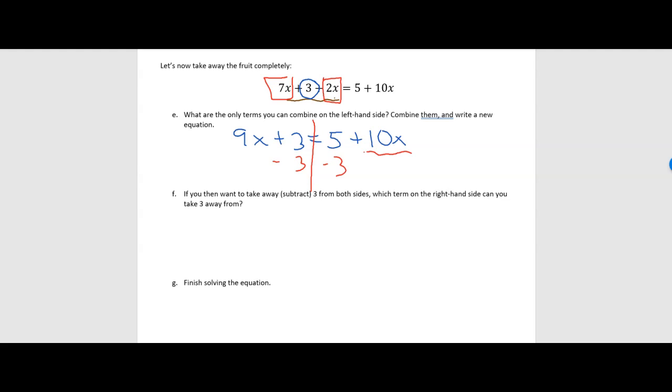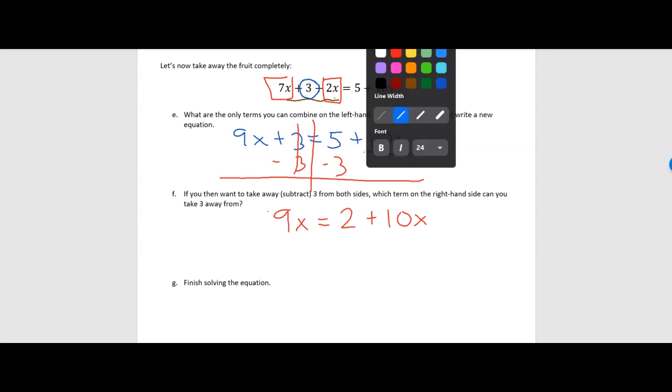So now we're going to just continue to solve this equation. So if I solve, I'm going to get 9x is equal to 2 plus 10x. I need to get the x's on both sides, right? Because I want the x by itself.